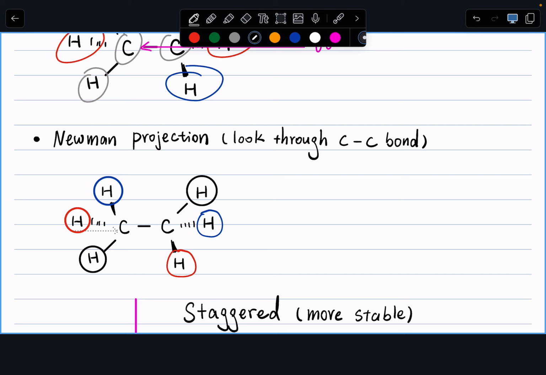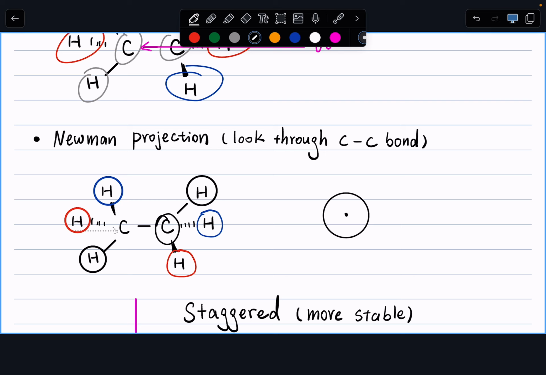In this kind of drawing, you first draw a circle. Now in the center of this circle is your carbon atom, your front carbon.